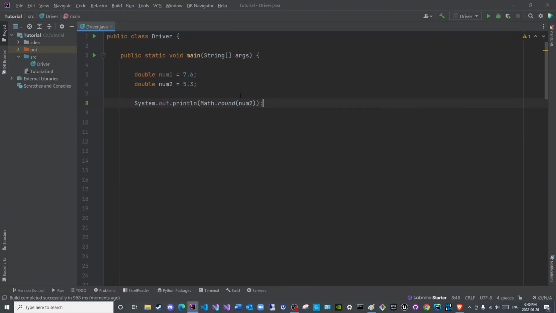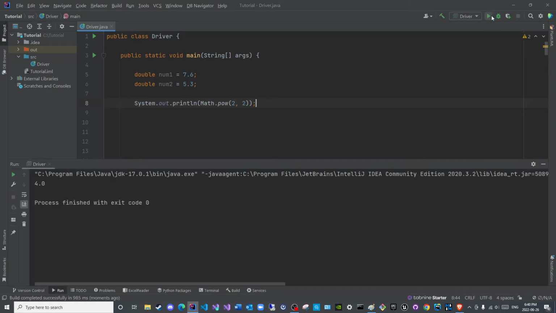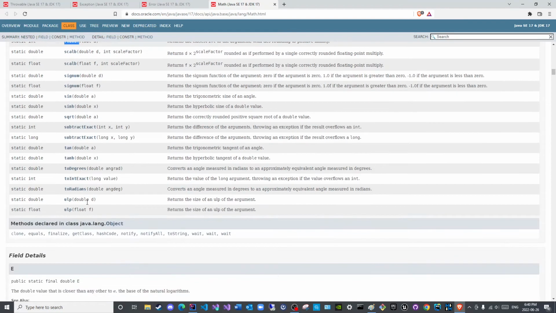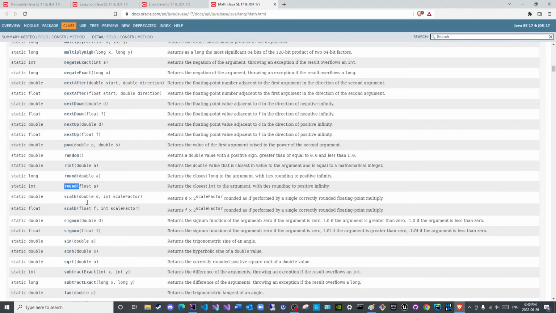Now let us try pow. 2 to the power of 2. So this should be 4. Perfect. 4. Oh, before I forget, be extremely vigilant with the return type. So pow returns, where is it?